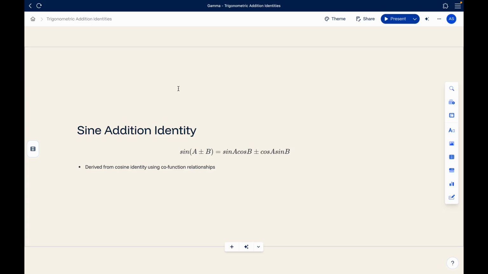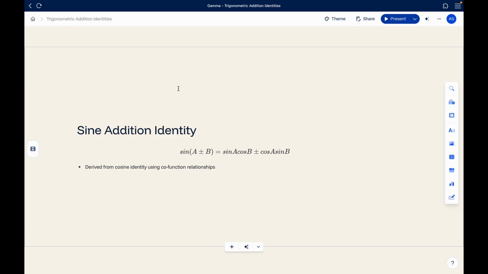So this is sine of A plus or minus B is equal to sine A cosine B plus or minus cosine A sine B. And if you have plus-minus in both locations, that means the sign will be the same. So if it's sine of A plus B, it's going to be sine A cosine B plus cosine A sine B. But if it's sine of A minus B, it's going to be sine A cosine B minus cosine A sine B.